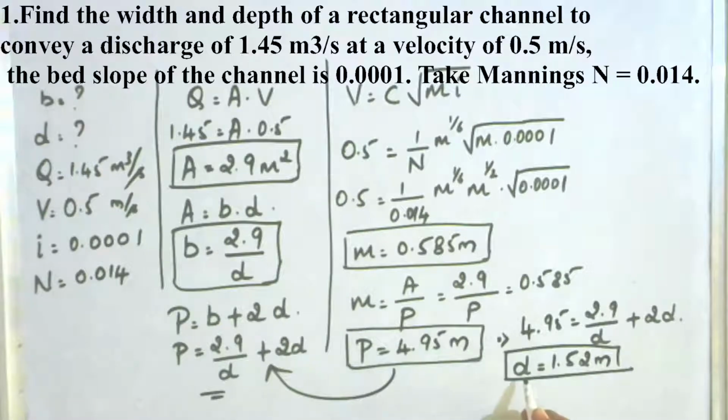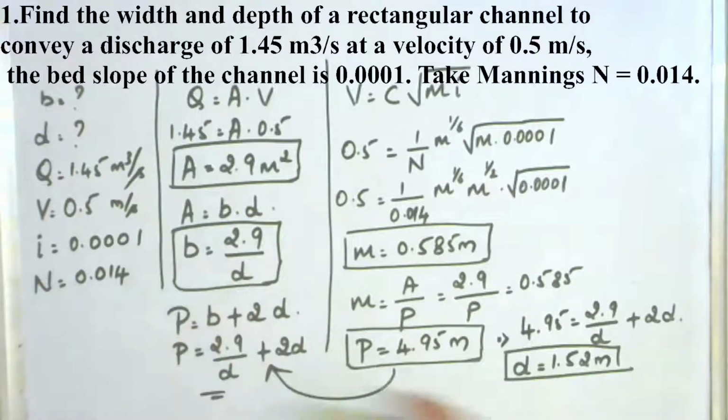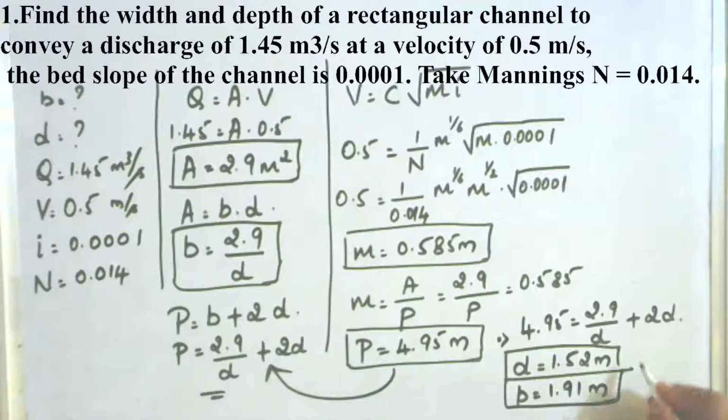Further, you substitute this D here, that is 2.9 divided by 1.52. You get the value of B as 1.91 meter. So these are the width and depth of the rectangular channel. I went from the basics only.